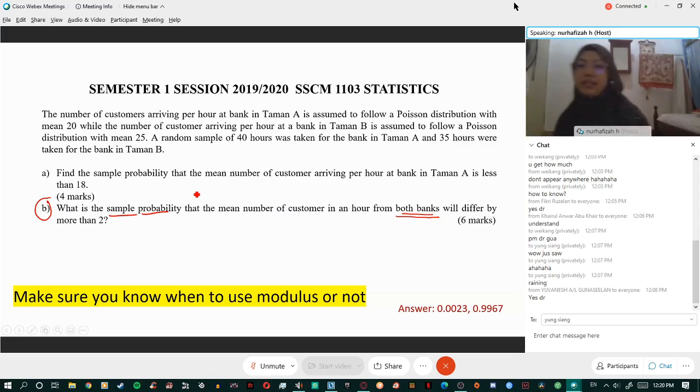How do we know whether we should use the modulus or not? The one that I showed you in the video, the question already specified whether to use modulus or not. But for this one, they did not specify. So do you have any idea whether we should use modulus or not?